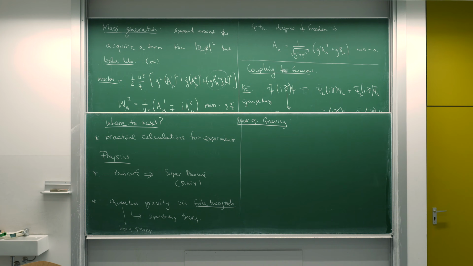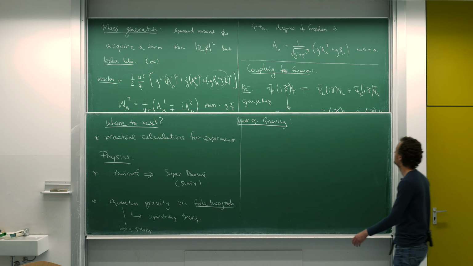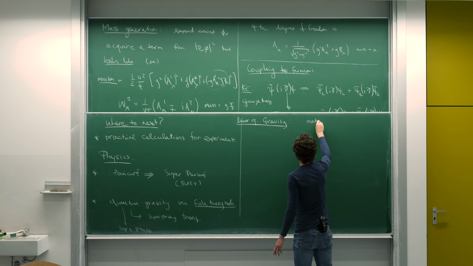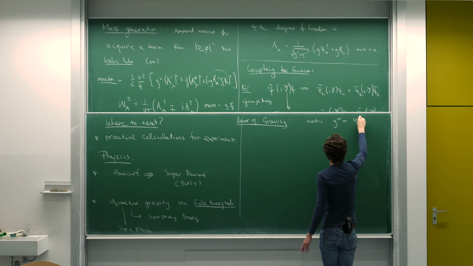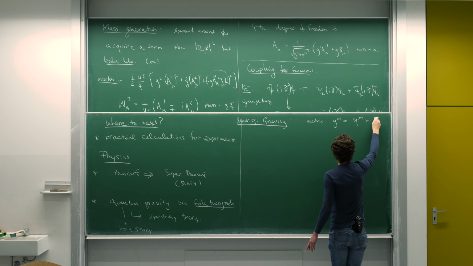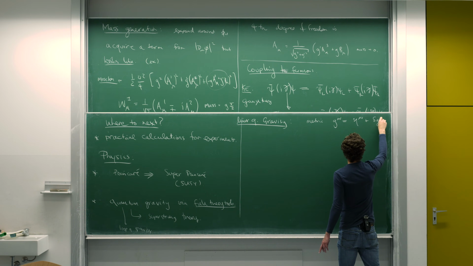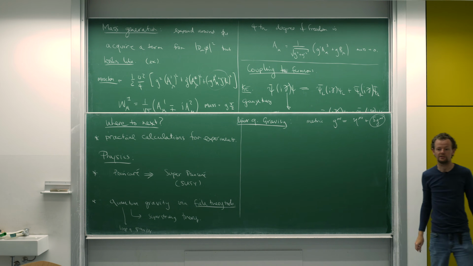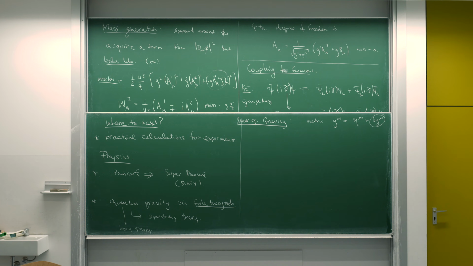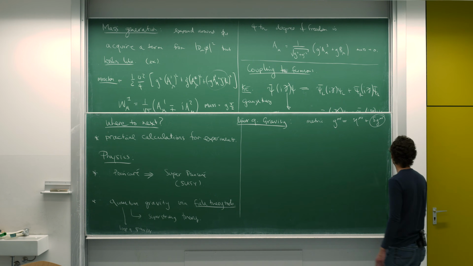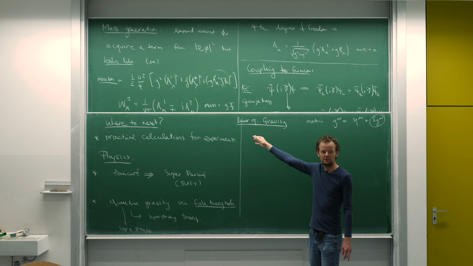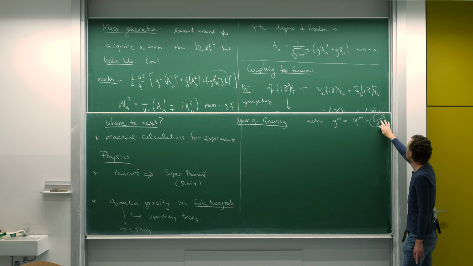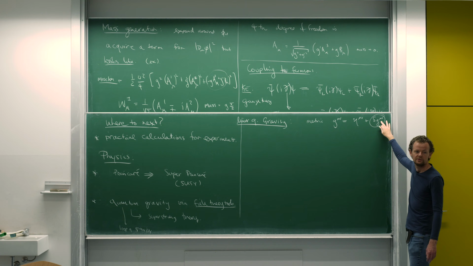You take some field, the metric, as your fundamental degrees of freedom, and you study perturbations of this metric and treat these perturbations as quantum fields. There's a lot you can do. And then you study the Einstein-Hilbert action and attempt to find a quantum version of that.